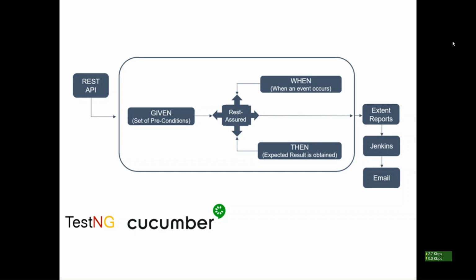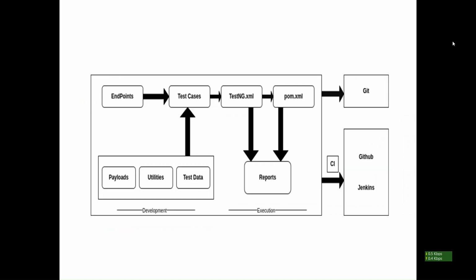Hope you understood up to this point. Now, we are going to set up one framework slowly in the next part of the video. First, we are going to create endpoints, the base URIs, and payloads. Payloads are nothing but the JSON request body which we are going to send. And there are a lot of utilities we are going to set, like response logging, parameterization, and data providers for TestNG.